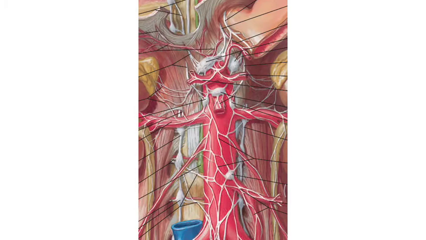Now we will see the autonomic plexus in the posterior abdominal wall. The principal prevertebral autonomic plexuses lie in front of the abdominal aorta, and they provide secondary extensions around the coeliac trunk, the superior mesenteric arteries, and the inferior mesenteric arteries.